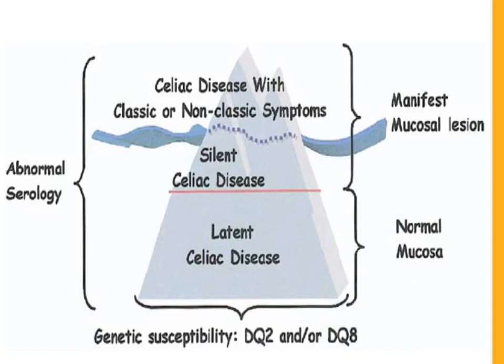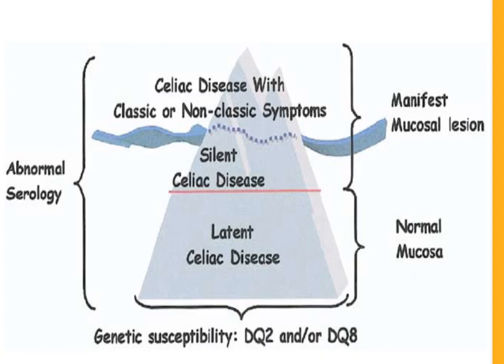This is the celiac disease iceberg. What we see as classical and non-classical celiac disease is just the tip of the iceberg, where the patients are manifesting their symptoms. Below the level of the sea, in the shadow, is the silent celiac disease. Those are patients who don't have symptoms, but they have abnormal serology and abnormal mucosa.